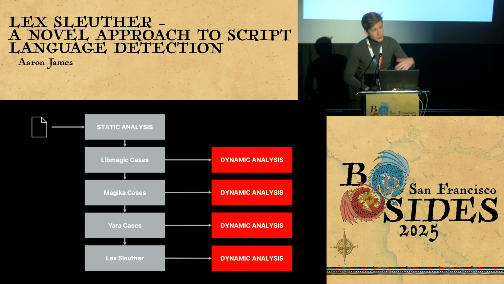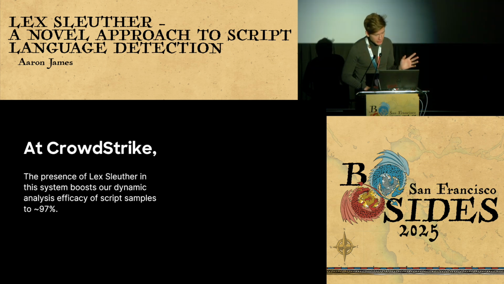You can prioritize other tools in specific cases, and you wouldn't have the ability to remediate if you just slapped Magika or Lex Sleuther on those things. But all of that is unnecessary detail. The bottom line is, in the context of CrowdStrike, the presence of Lex Sleuther in this system boosts our dynamic analysis efficacy of script samples to 97%, which is pretty good.